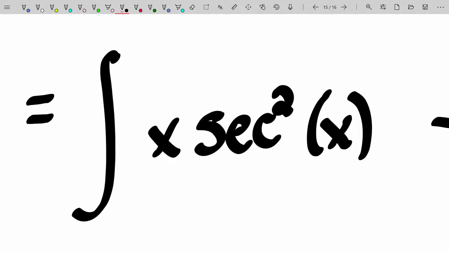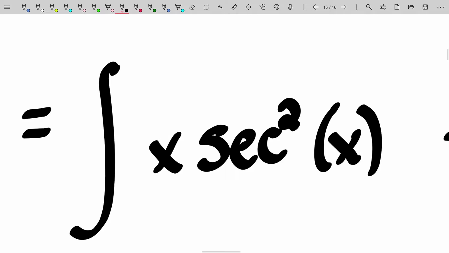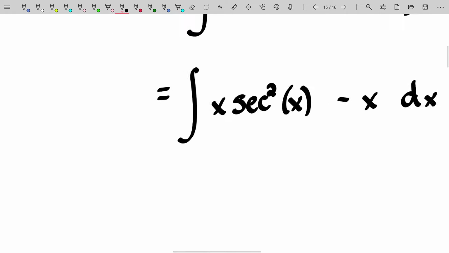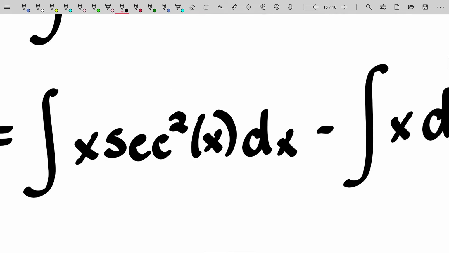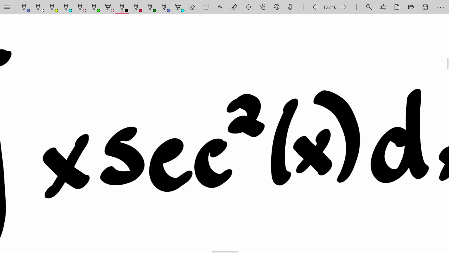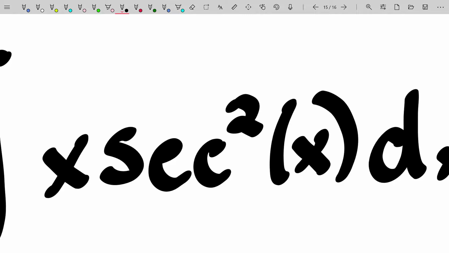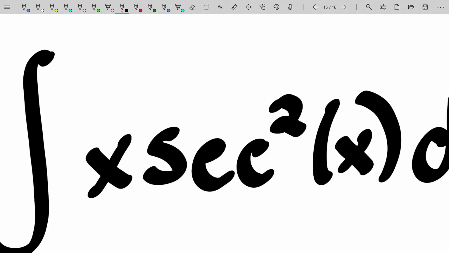But it's not hard, actually, because now when I ask, how would I integrate x secant squared, I could go ahead and say, well, let me choose one of these factors to integrate and the other to differentiate. Well, you know that you can actually integrate both of these factors now. You can integrate an x, but you can also integrate a secant squared. Its antiderivative is a tangent.